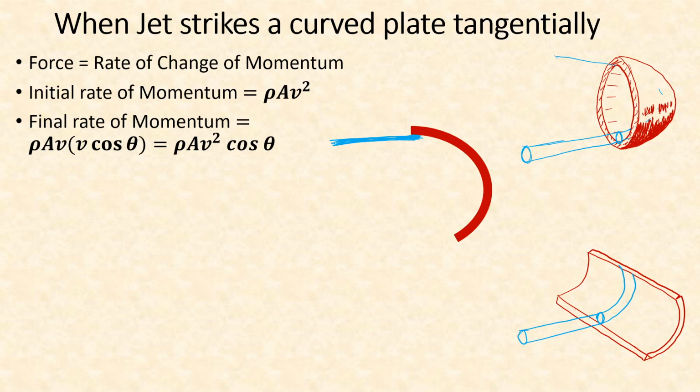Now it will not come out with a circular cross section. Obviously, the cross section of the jet will be slightly flattened, so it will be coming out somewhat like this. In this case as well, it will be coming out like this.